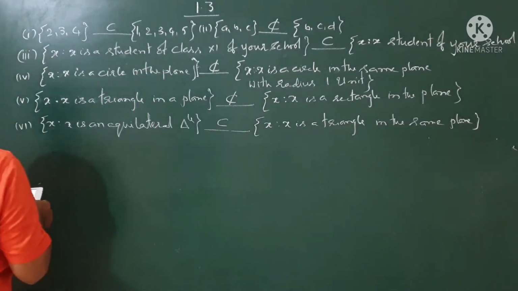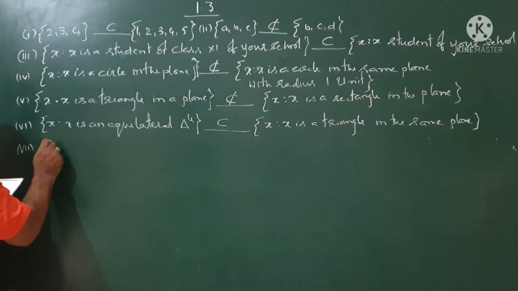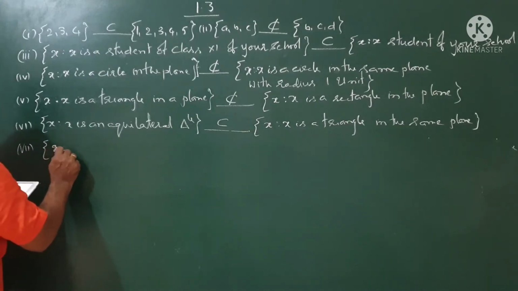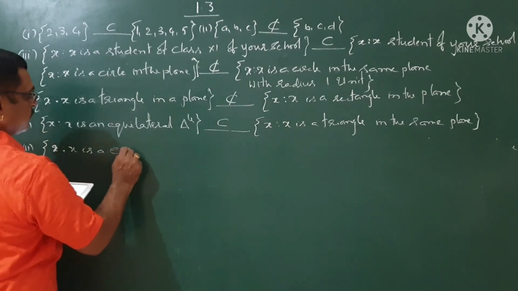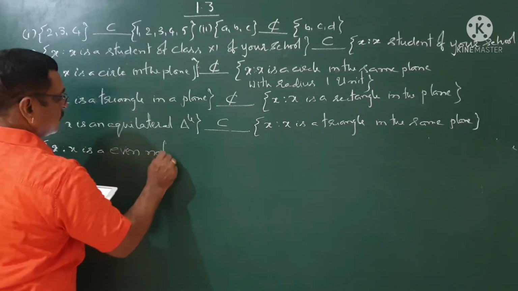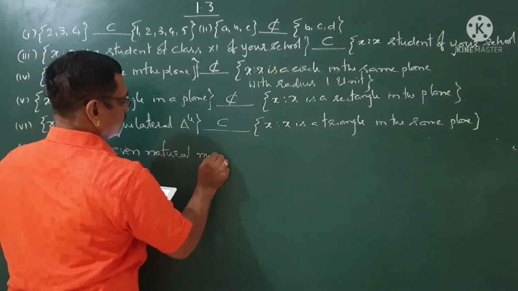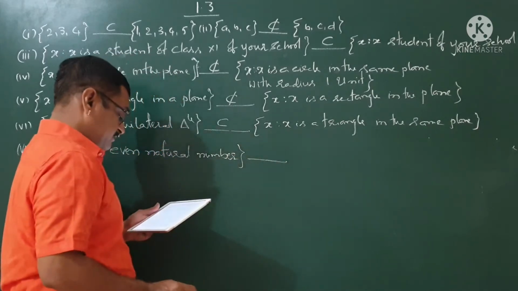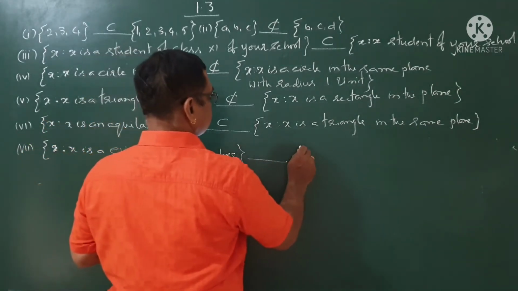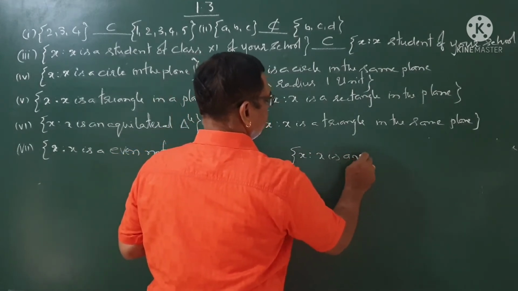Next, finally, 7. {x : x is an even natural number} dash {x : x is an integer}.